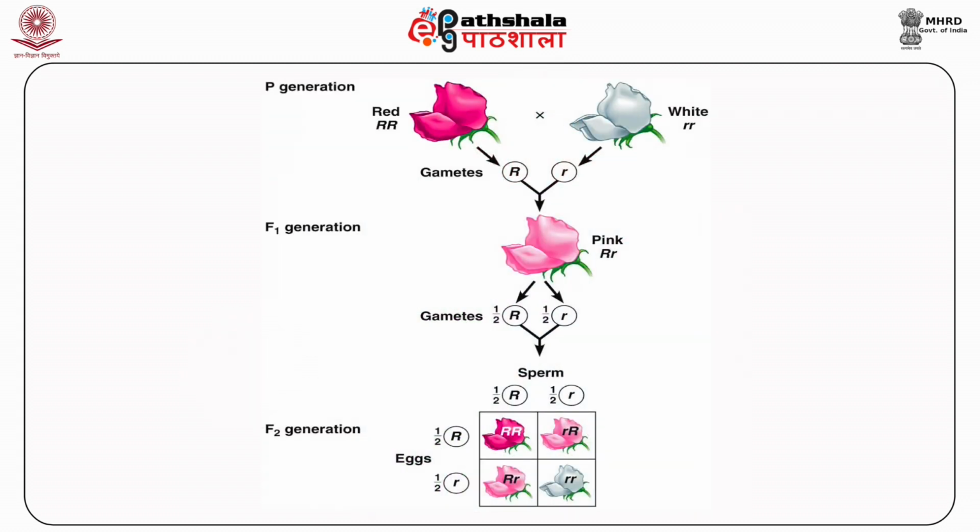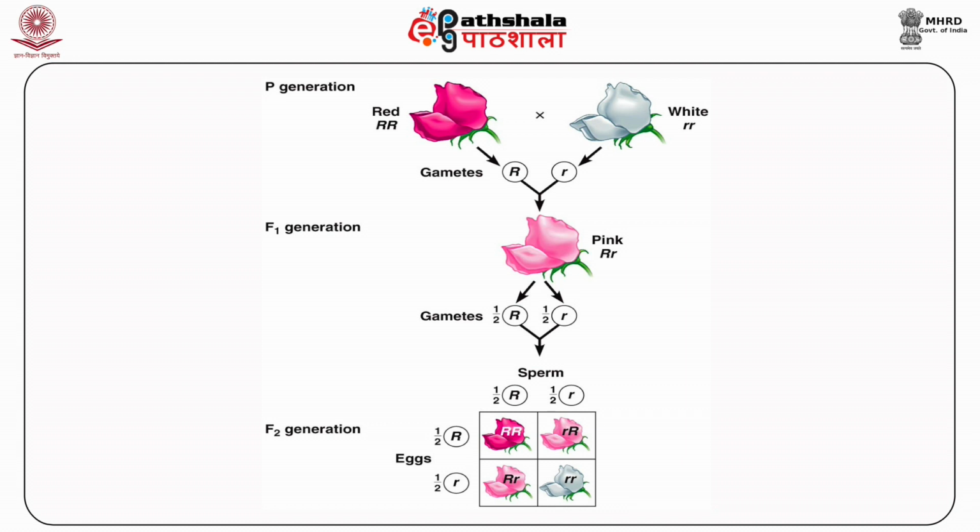For example, the snapdragon flower color is either homozygous for red or white. When the red homozygous flower is paired with the white homozygous flower, the result yields a pink snapdragon flower. The pink snapdragon is the result of incomplete dominance.